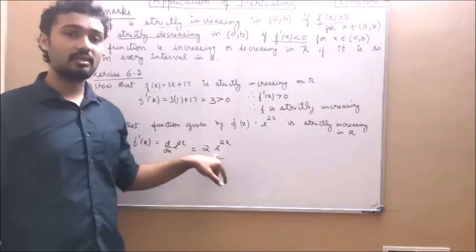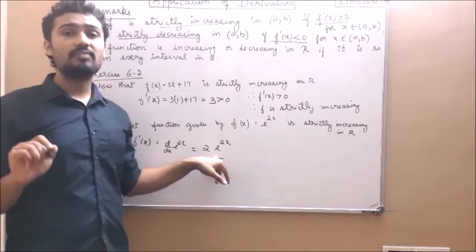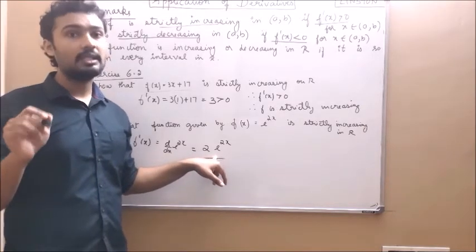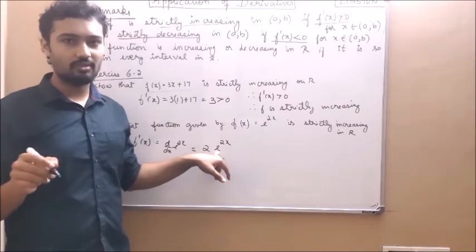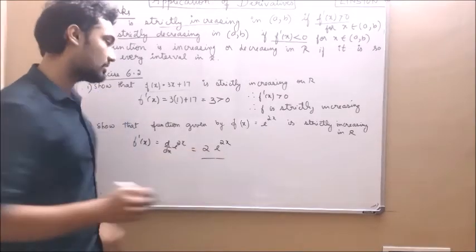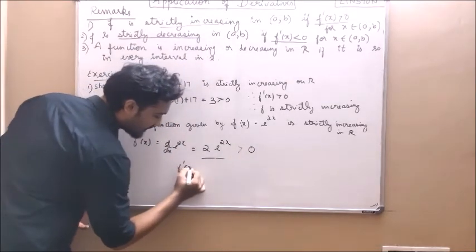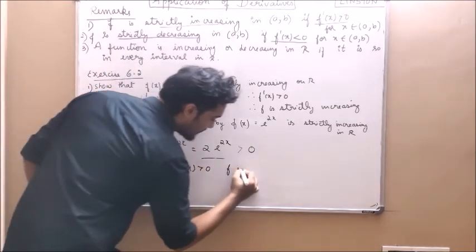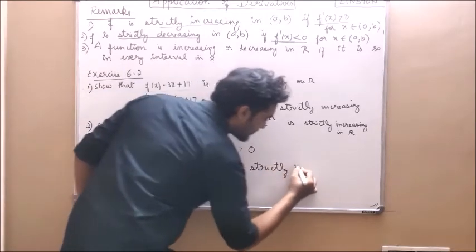So, the exponential function is always a positive function. Remember that fact. The base is approximately equal to 2.71. So therefore it's a definite increasing function. So it is greater than 0. So therefore f dash of x greater than 0. F is strictly increasing.